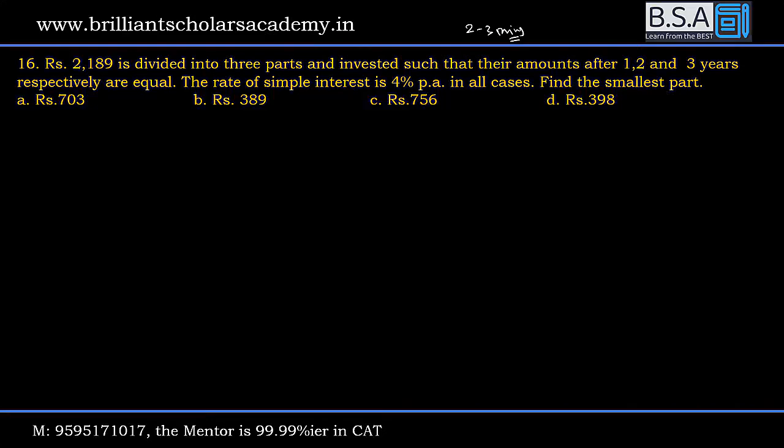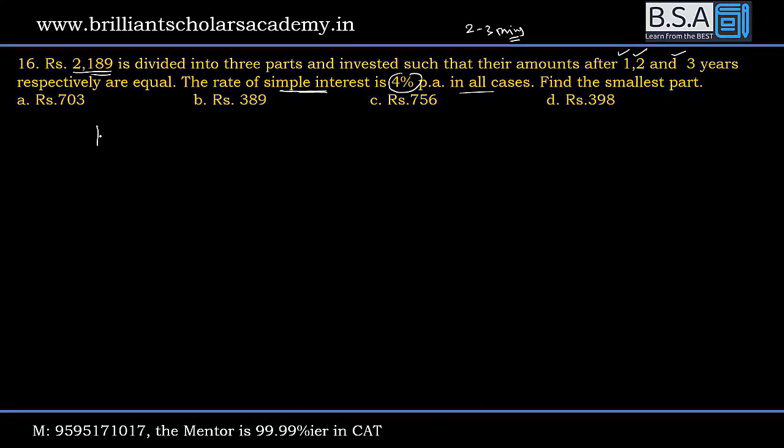So in this question, if you notice here, it is simple interest, 4% every year. This money is divided in 3 parts such that their amounts after 1, 2, and 3 years respectively are equal.